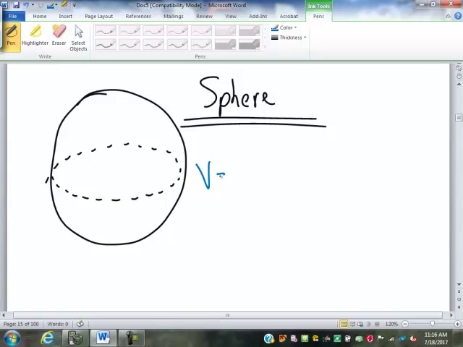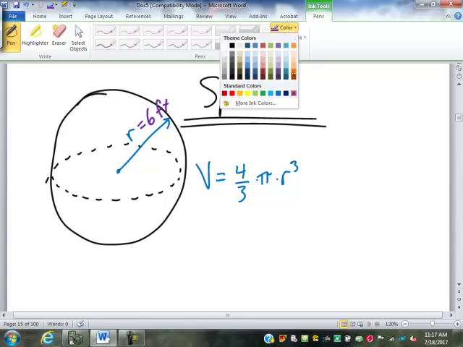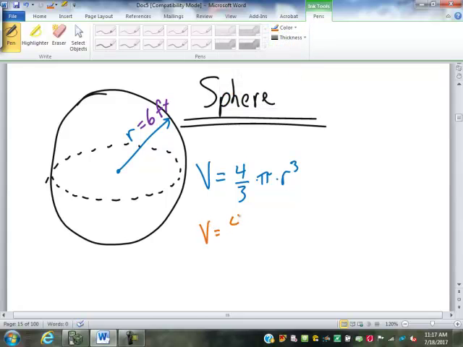The volume for a sphere, where the only distinguishing feature of a sphere is its radius, is 4/3 times pi times the radius cubed. So if my radius here is 6 feet, my volume would be 4/3 times pi times 6 cubed.